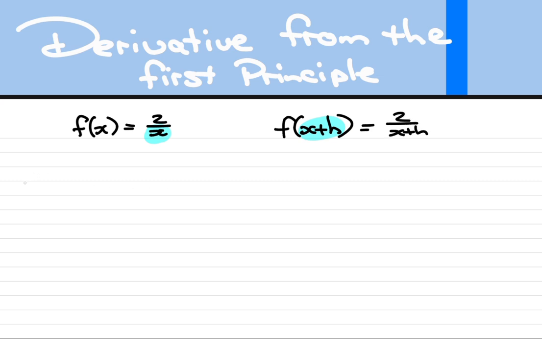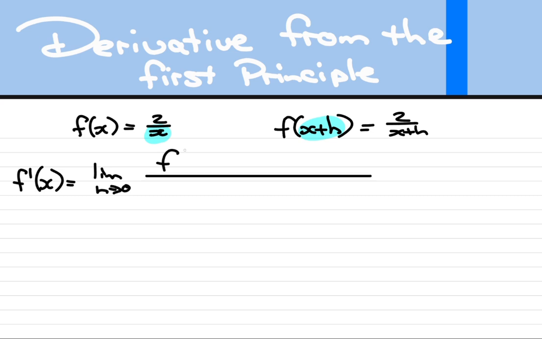Now we can write down our formula. We're going to find the first derivative as the limit as h approaches 0 of f of x plus h minus f of x, all over h. Let's just clean this up a bit. Okay, so let's just sub all those functions in.